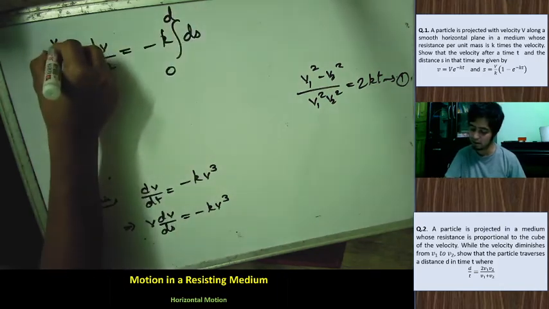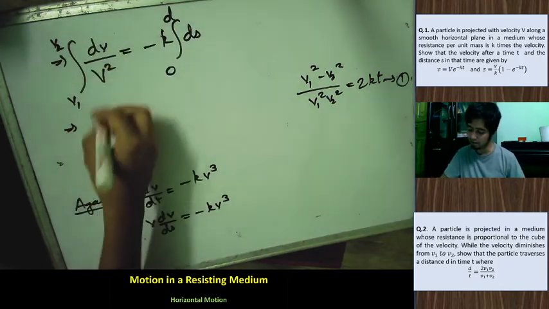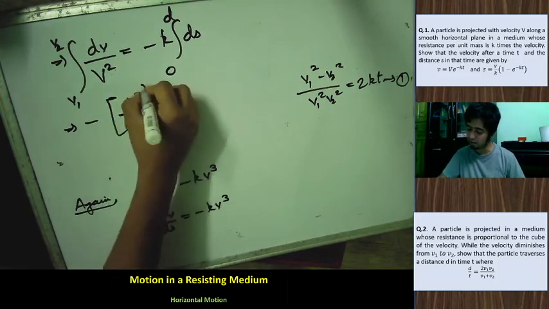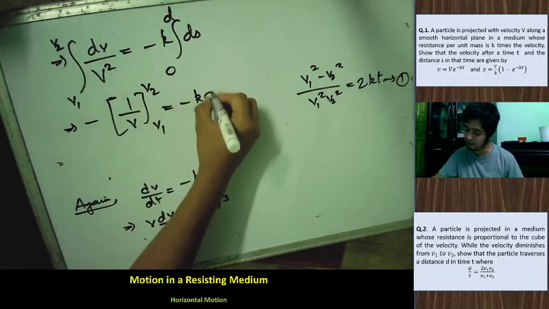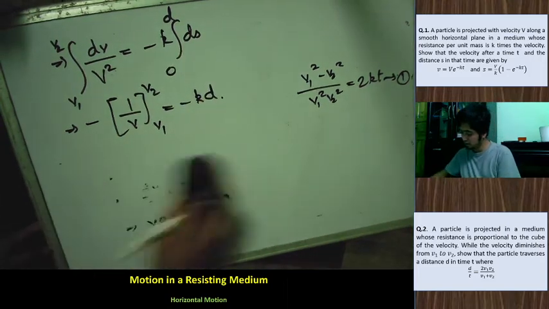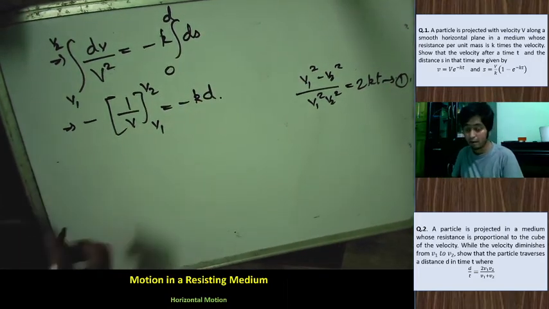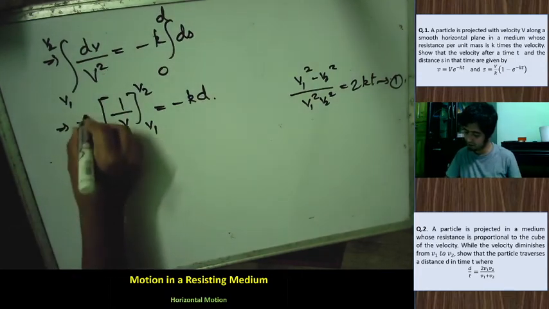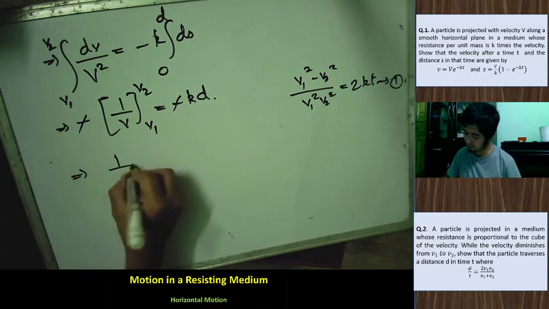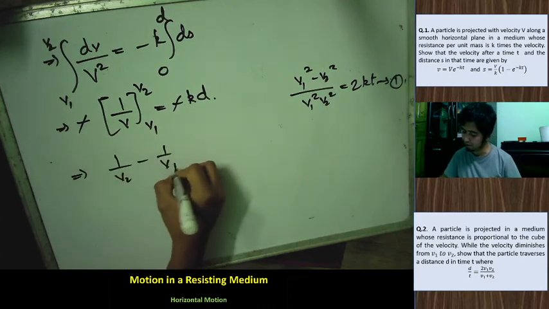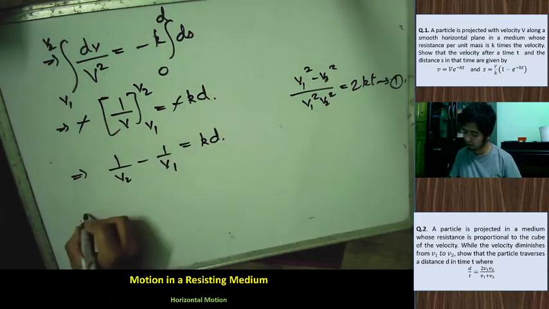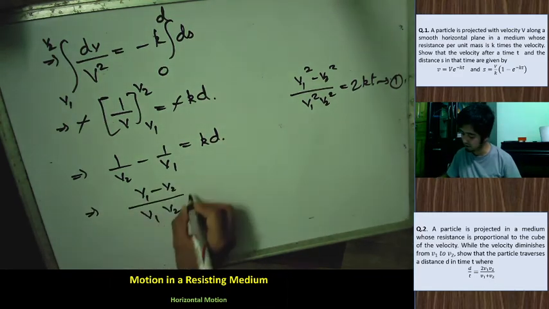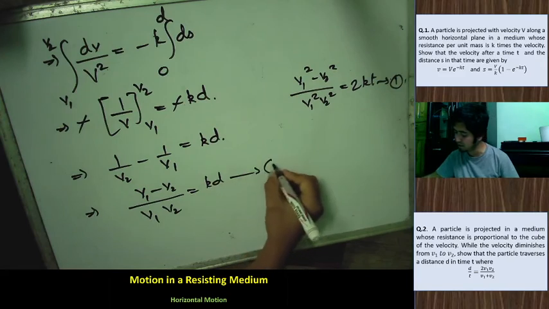So over here we have minus 1 over v from v1 to v2 equals minus kd. So we will be having 1 by v2 minus 1 by v1 equal kd. Just simplify it. This one will be equation 2.